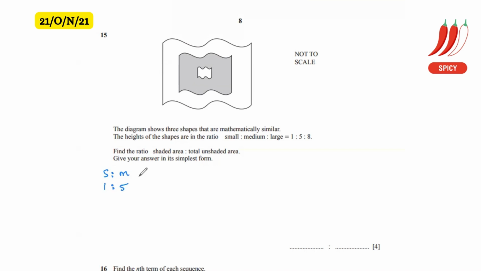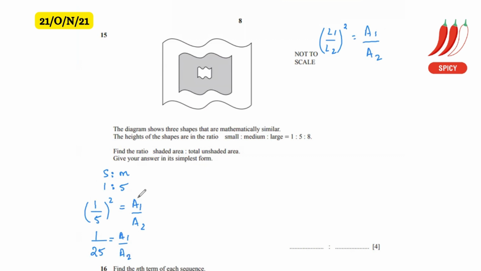Now if you remember the concept of similar shapes, length 1 over length 2 squared equals area 1 over area 2. So if we do 1 over 5 squared equals a1 over a2, that gives us 1 over 25. That is the ratio for area 1 is to area 2, where area 1 is for small and area 2 is for medium.